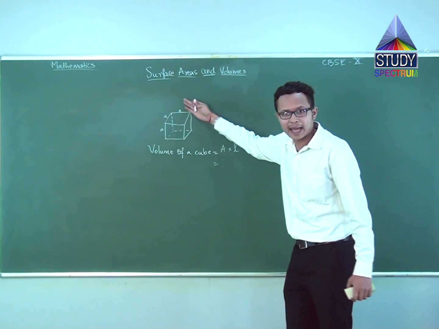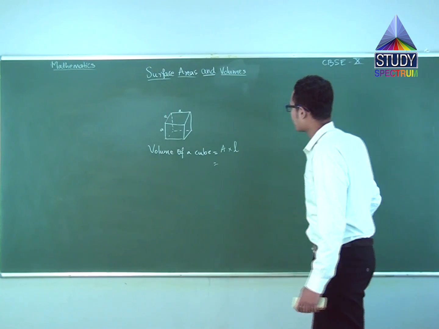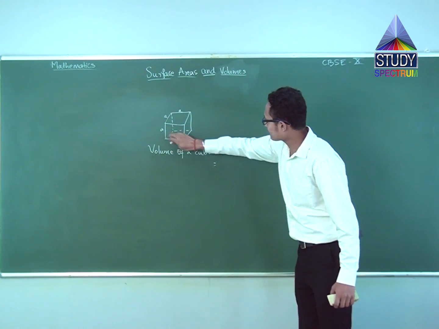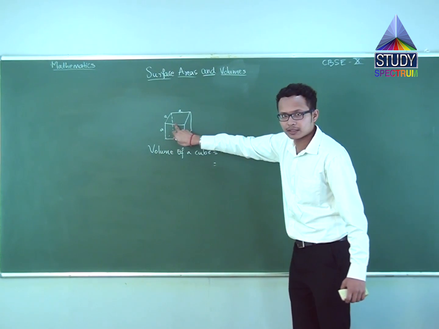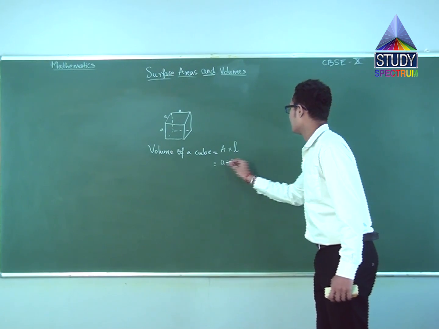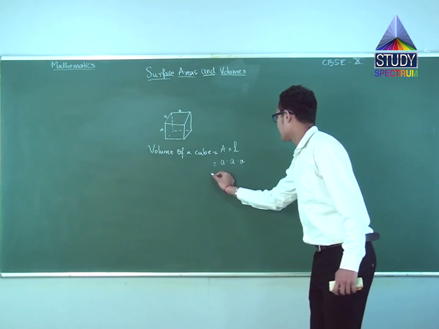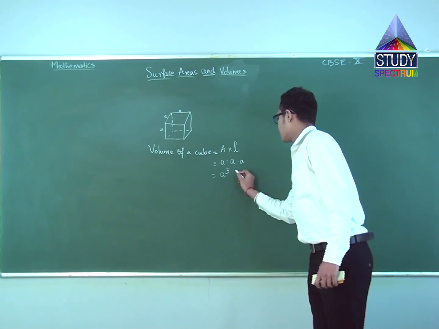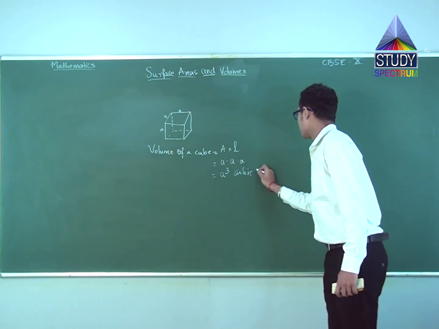That is front, back, top, bottom, right, left. So if I take the front face, area is A into A. So A into A into the length, which is again A. Therefore this is A cube, in cubic units.